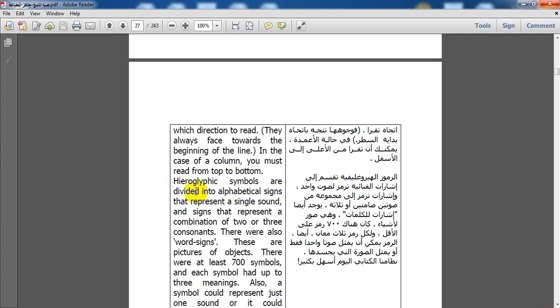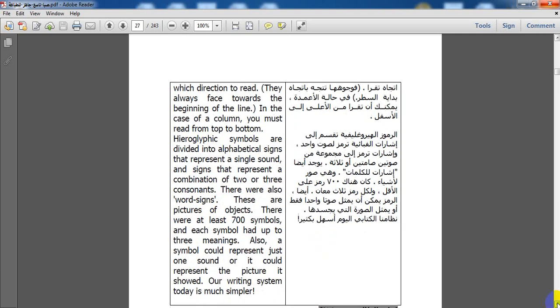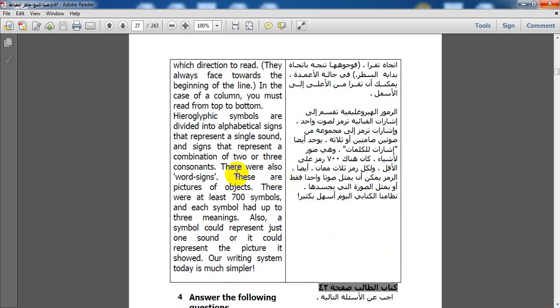Hieroglyphic symbols are divided into alphabetical signs that represent single sounds, and signs that represent a combination of two or three consonants. There were also word signs.